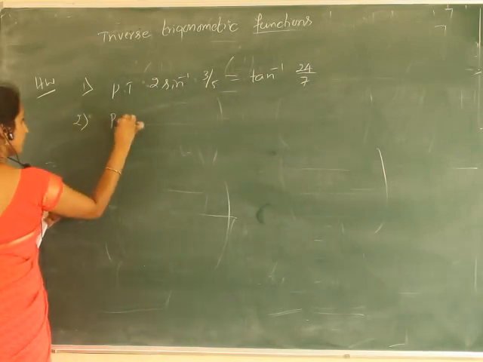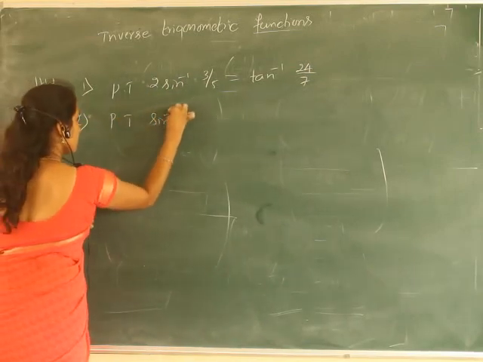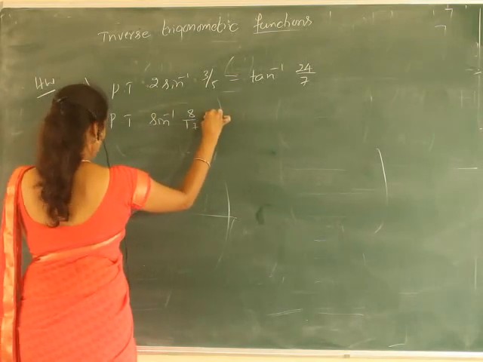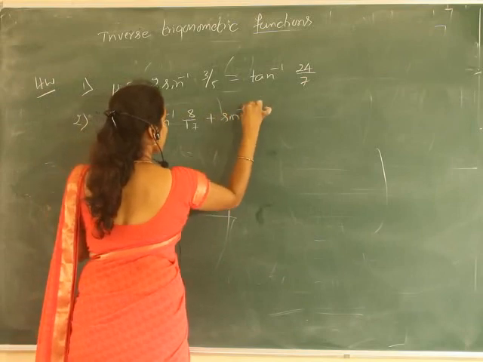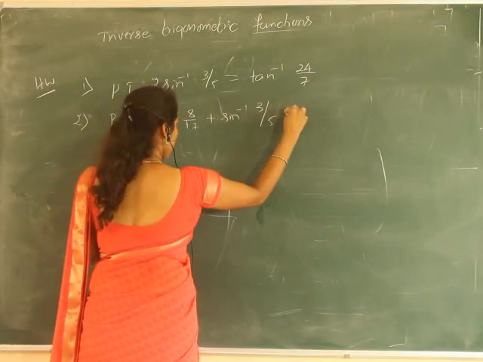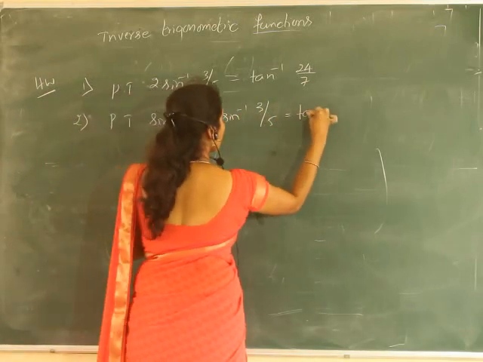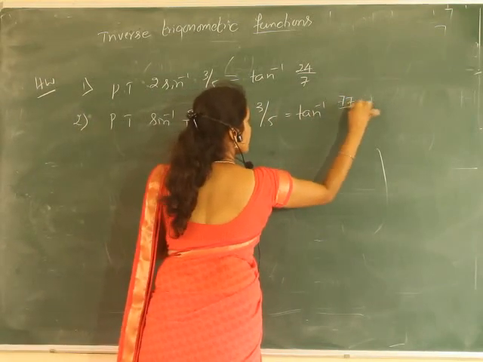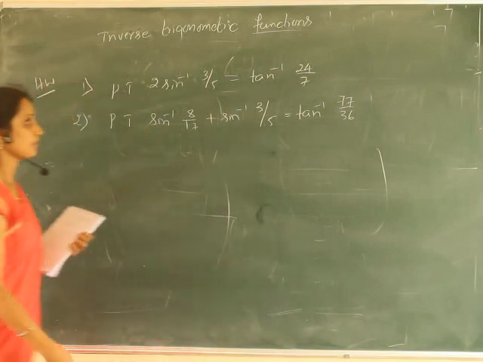Next, prove that sine inverse of 8 by 17 plus sine inverse of 3 by 5 is equal to tan inverse of 77 by 36.